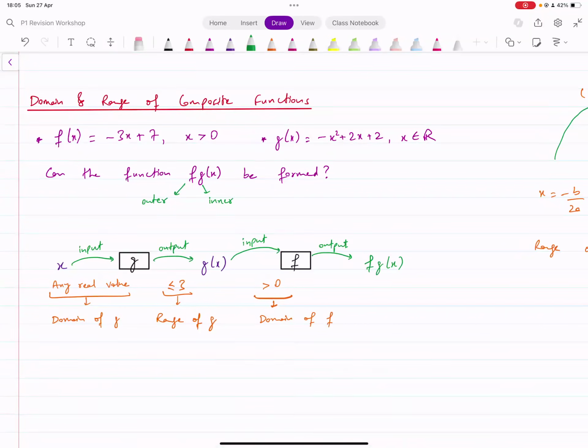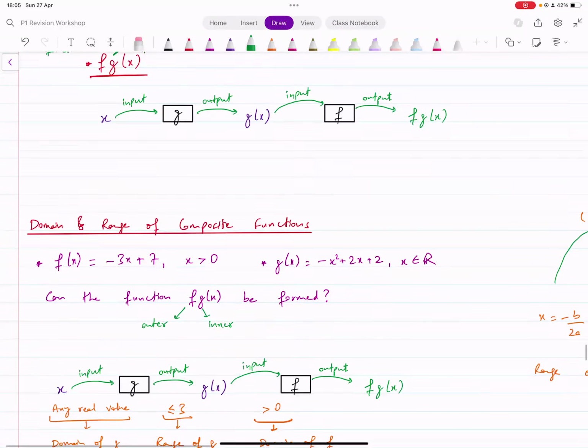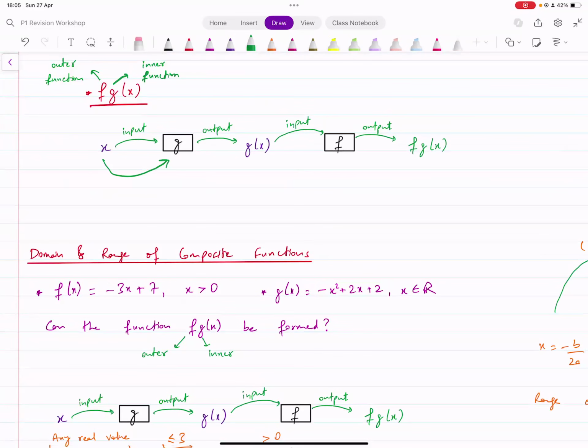So think about this. The function f can take any positive value. The function g can take all real values. Now, remember what's going to happen. The input is going to go to function g, and g is going to give you an output, and that output is going to go to the outer function, and that outer function is going to give you the final output.